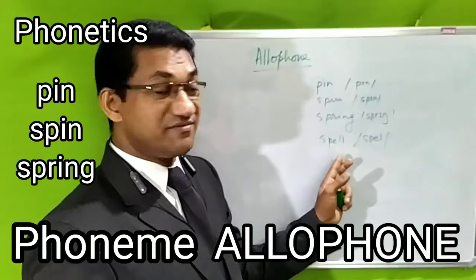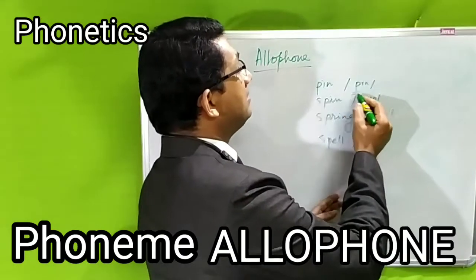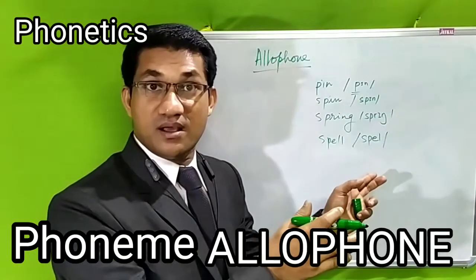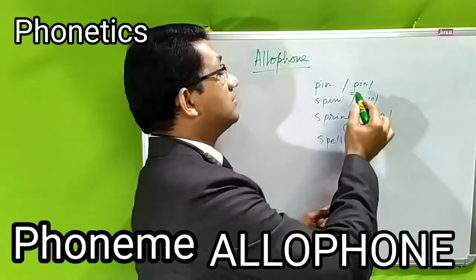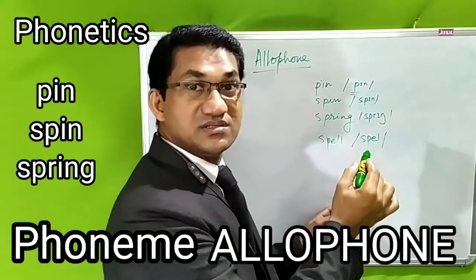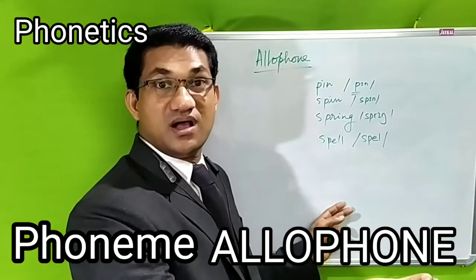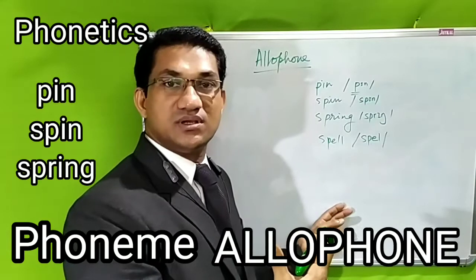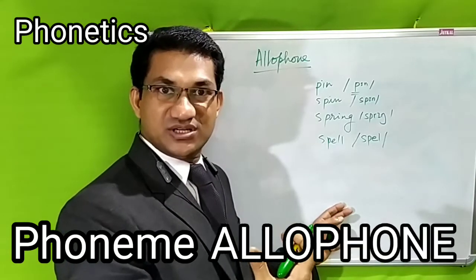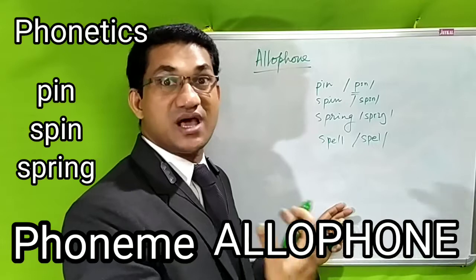We have to understand the fact that pin is different from spin. The first p is aspirated, and that sound is different, and such different patterns of the same phoneme is what is known as allophone.